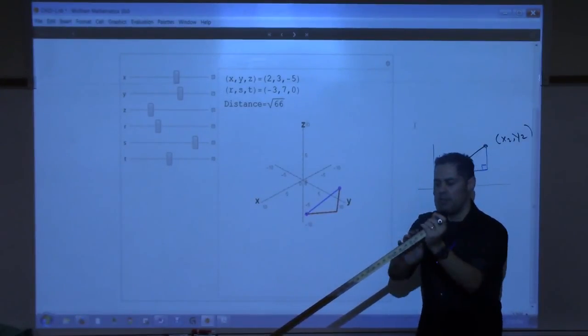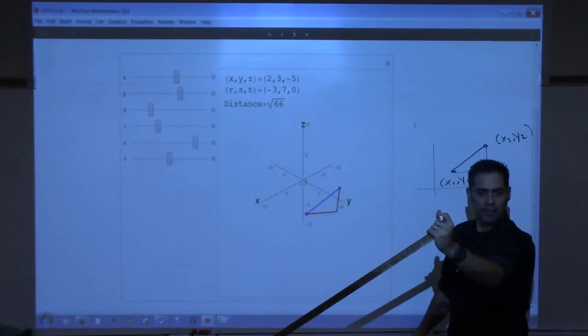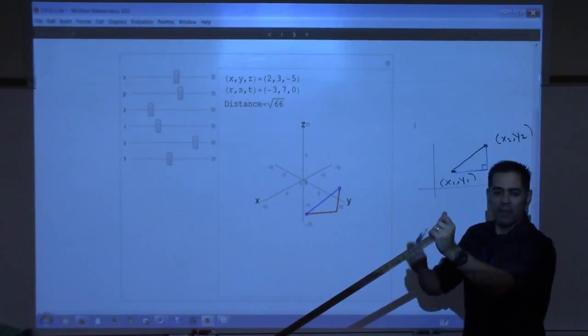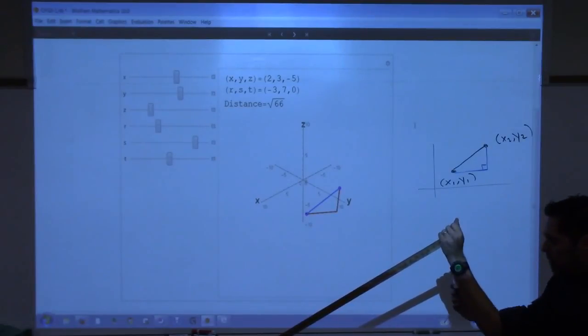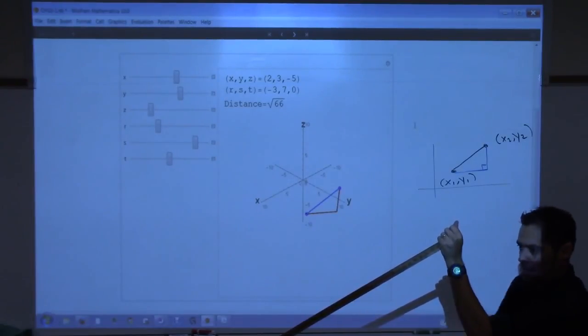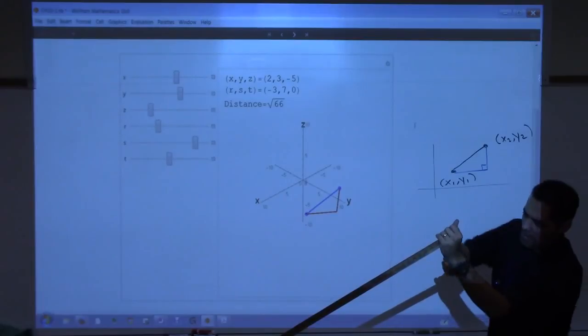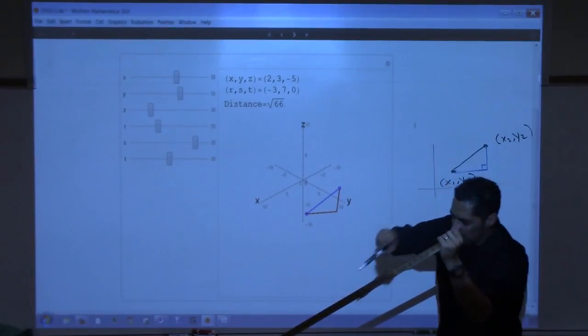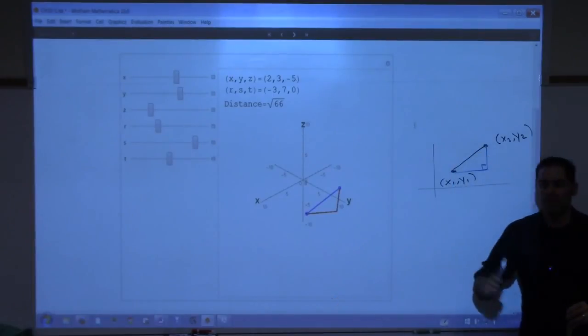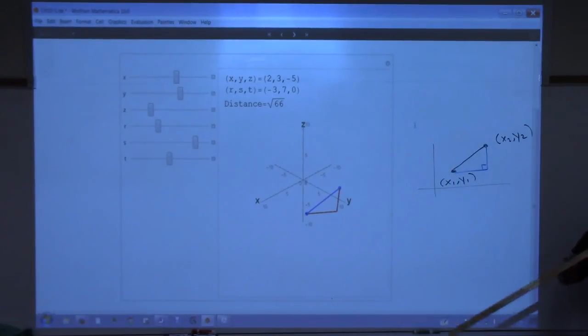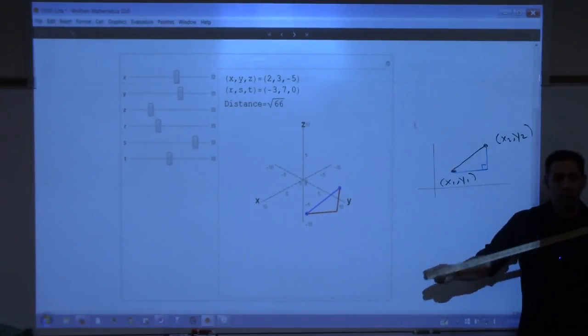And then here's another point in three-dimensional space. I'm going to draw a right triangle. But that right triangle has to run parallel to these 2 points. Does that make sense? Or maybe I could come this way and do it this way. Understand?